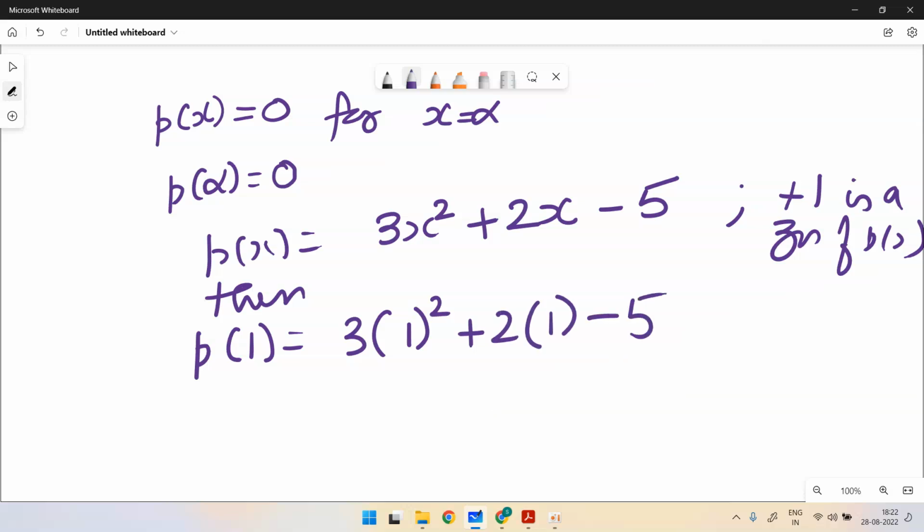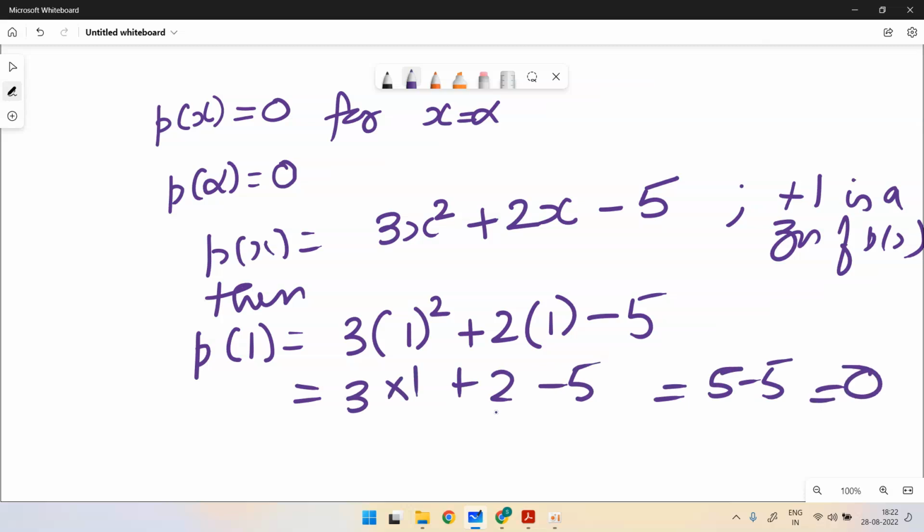Here you can also see that 3 into 1 plus 2 minus 5 is nothing but 5 minus 5 equals 0. This is one of the properties.